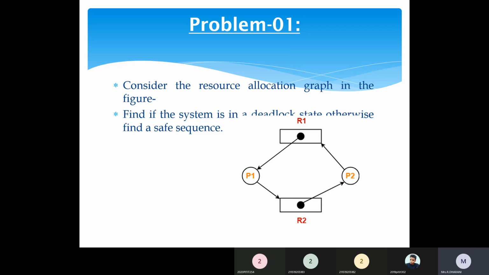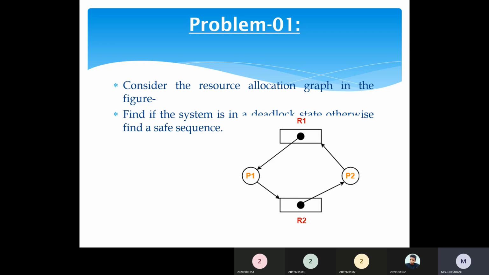Let us consider rule 1 and rule 2, and check whether the system will have a chance of deadlock or not. See, P1 and P2 are two processes, and R1 and R2 are resources.